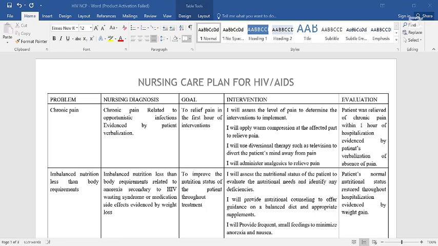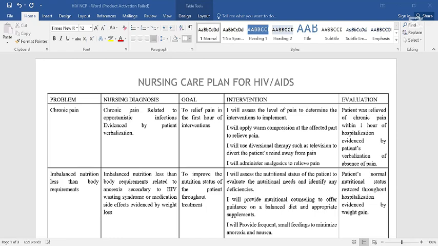These infections that come about as a result of the lowered immunity will result in the patient having chronic pain. This pain can be in several parts of the body, or it can affect the whole body.